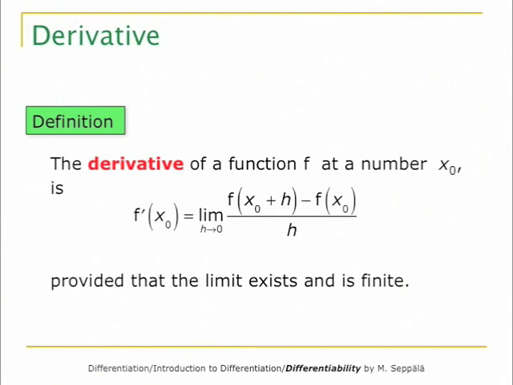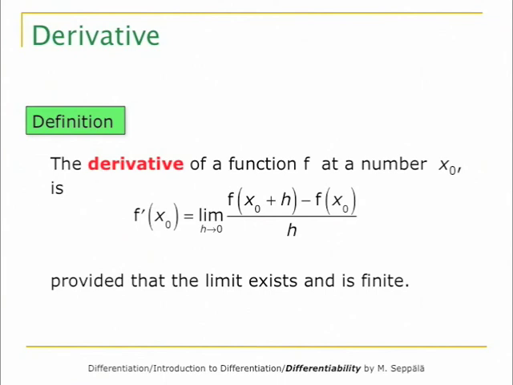To compute the slope of the line tangent to the graph of a given function f at a given point (x0, f(x0)), one has to compute the limit of the quantity (f(x0 + h) - f(x0)) divided by h, as h approaches 0.